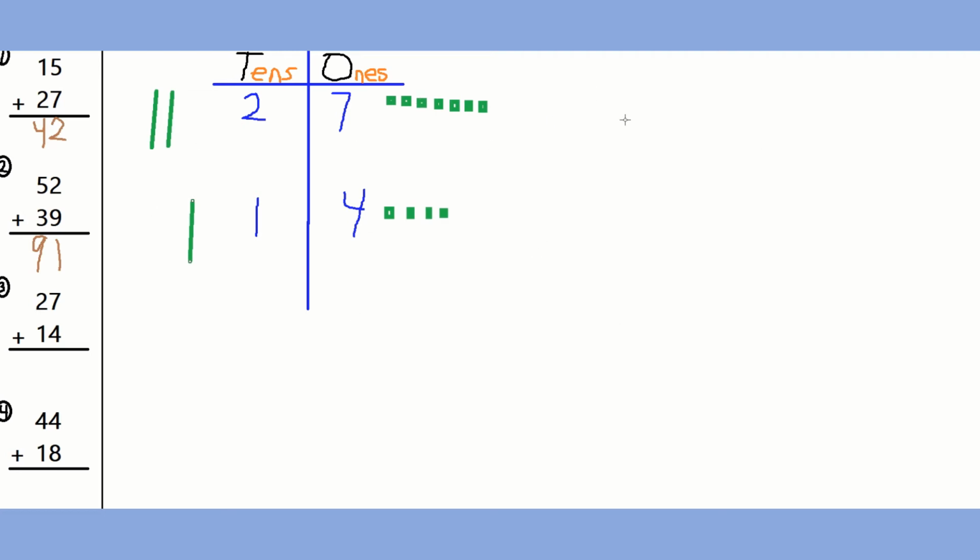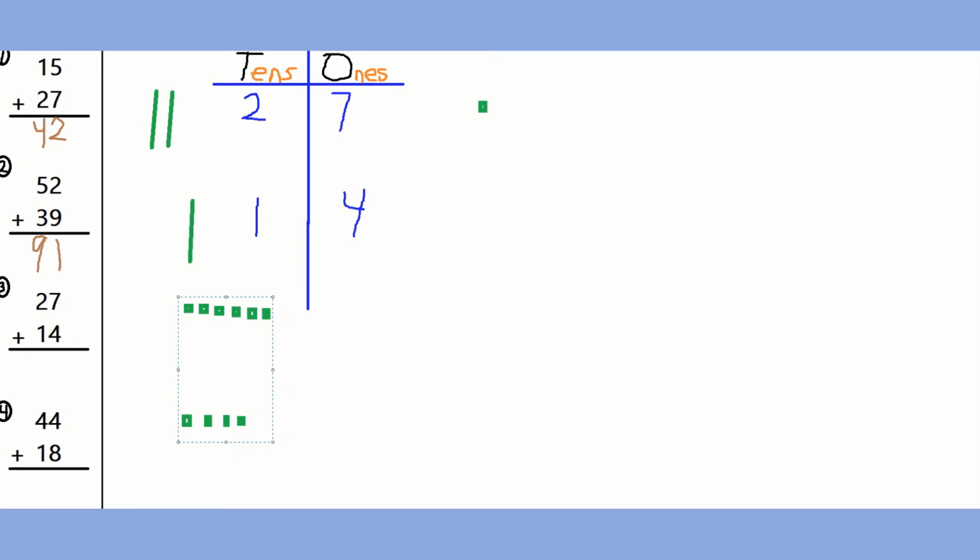And now all we need to do is get this all added up. So let's see what we have here. 1, 2, 3, 4, 5, 6, 7, 8, 9, 10. We have 10. So what we need to do is get rid of 10. 1, 2, 3, 4, 5, 6, 7, 8, 9, 10. And move it here.